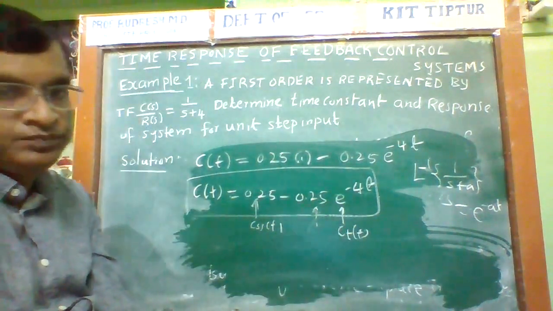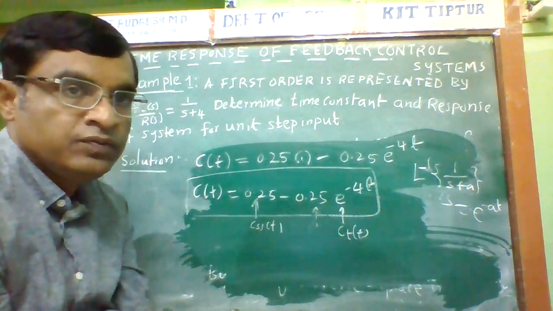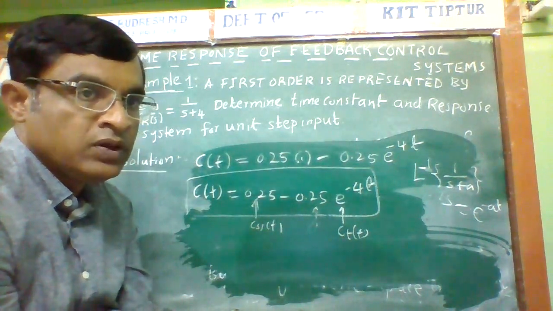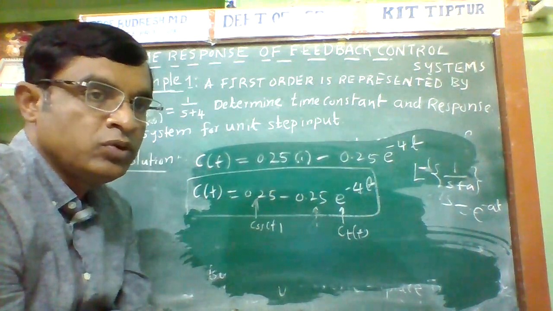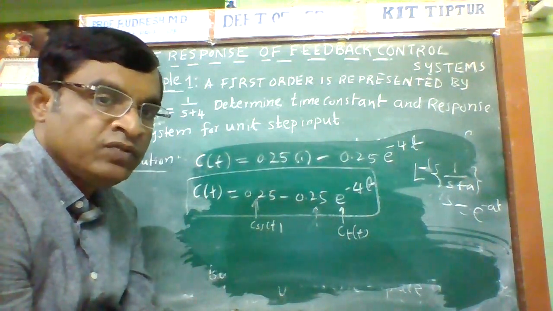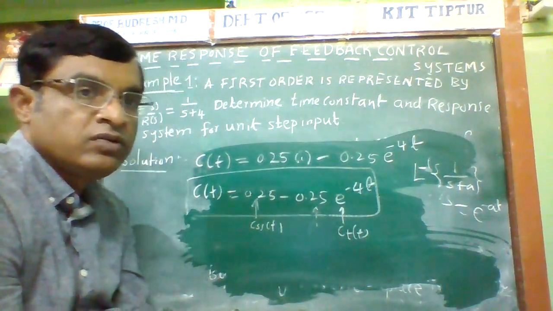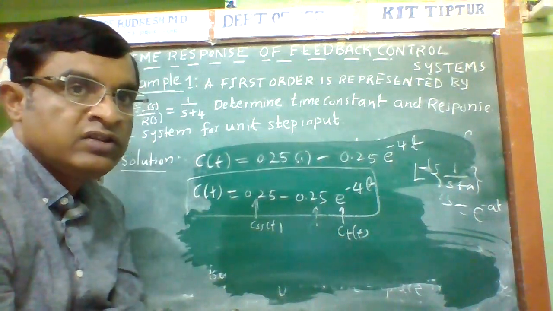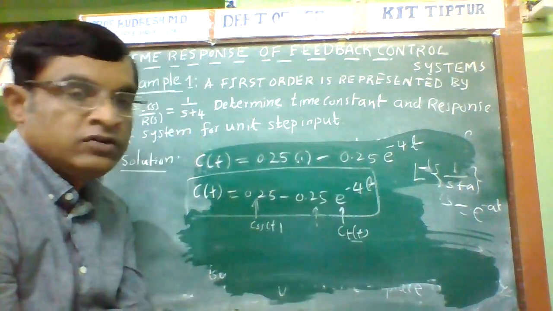The steady state response is the final response of the system. The transient response is the response from the initial state until reaching the final state. Both are parts of the time response.